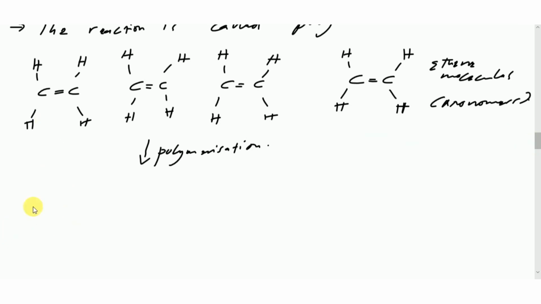And for you to draw the structure of the polymer, you need to use the ethene molecules. So we have how many ethene molecules? We have 1, 2, 3, 4. So the first thing that we're going to do is to draw this first ethene molecule. And since we have drawn this ethene molecule, we're going to put our hydrogen atoms.